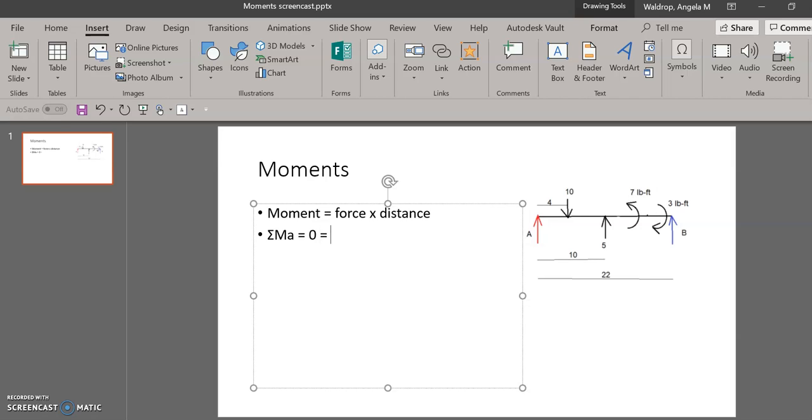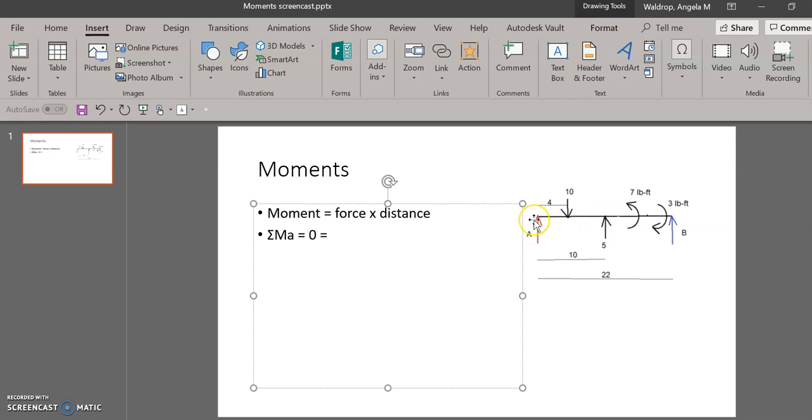Now, when I'm calculating my moments, I like to work from left to right, just like when I'm reading a sentence or a word. This will allow me to make sure that I've used everything that I need to. So we're going to start with A, the point that we're starting with.